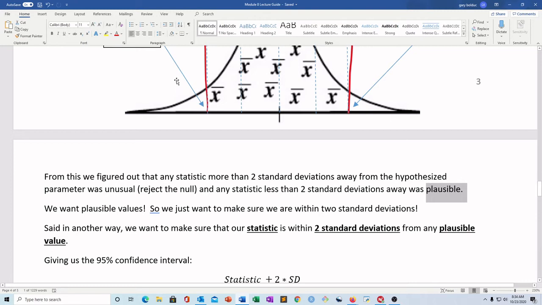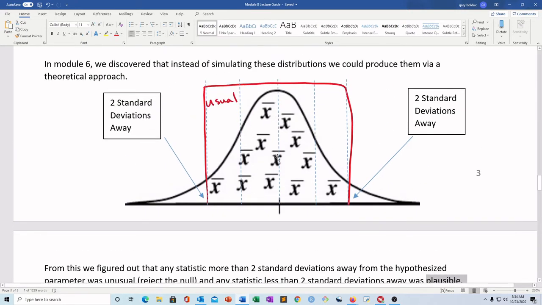But if I'm looking for plausible, all I have to say is, is my statistic within 2 standard deviations from the parameter? So let me say it again. Any parameter value that I could be trying to guess at, as long as my statistic is within 2 standard deviations, this inner chunk, of that parameter value, then we're going to say the parameter is plausible.